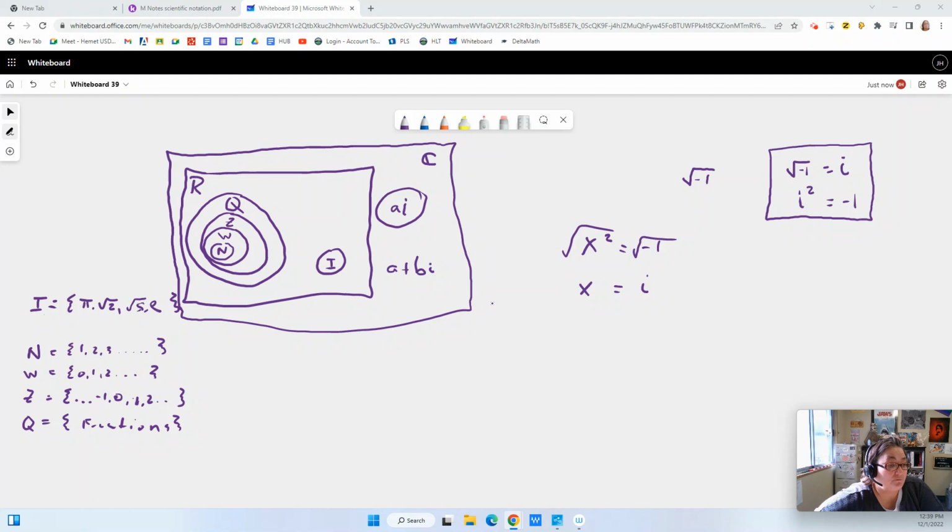And so when we're talking about adding and subtracting and multiplying and dividing these complex numbers, we need to know the standard form of how they would be written. I'm just making sure I'm looking at all of my notes correctly. And so that's what we're talking about today.